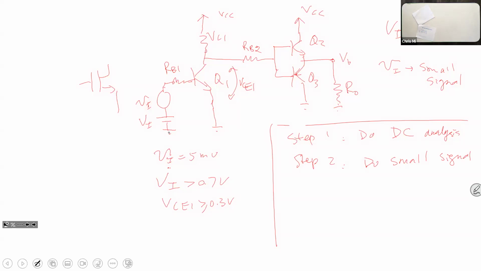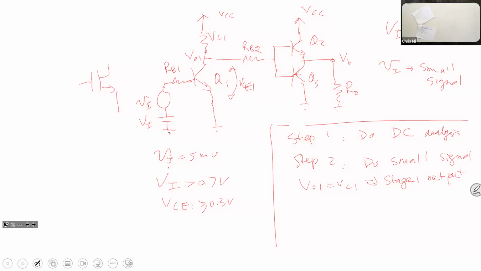But what I want to illustrate is, let's say on step one, you already find, let's call it VO1. So VO1 equal to VC1, right? So that's our output. So that's stage one output. So here we have two stages, the first stage and second stage, okay?